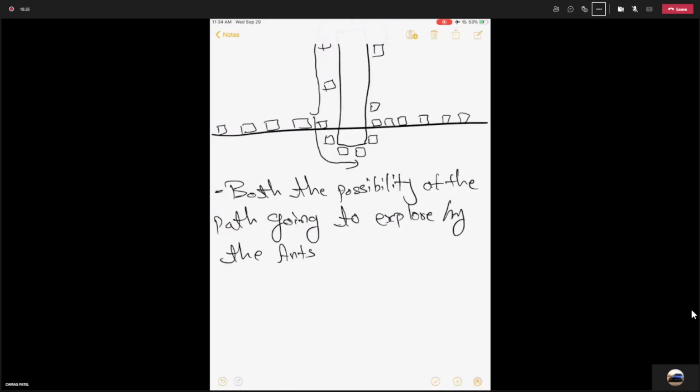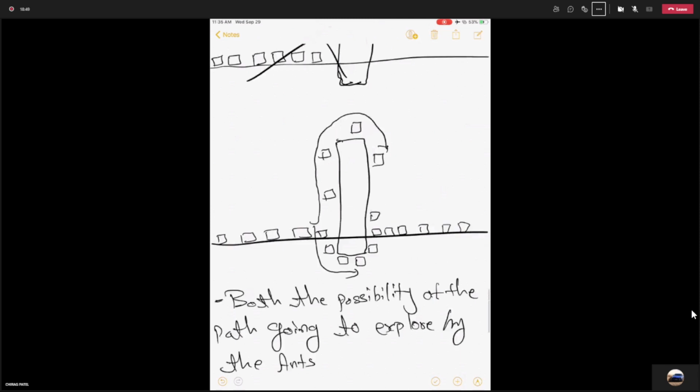Right? They don't know exactly which path is better, which path is not bad. So initially they start exploring the paths, because now they need to find a new path. Whatever pheromone trail or shortest path they had already found, now there is an obstacle in between. So definitely now we need to find a different solution to reach our destination, right? So they started to explore this path, they started to explore this path, right?